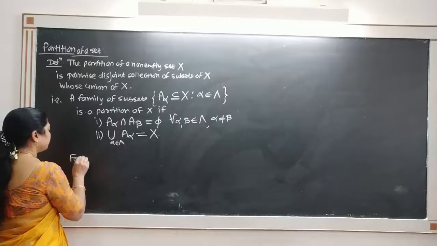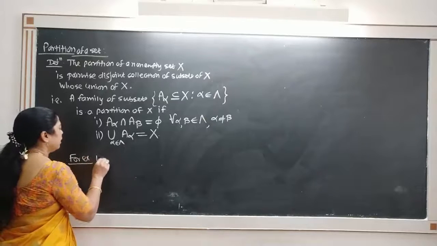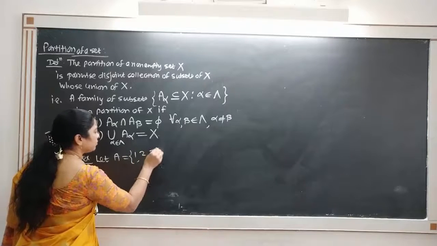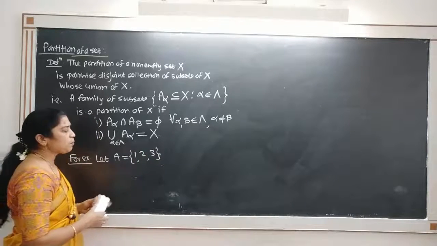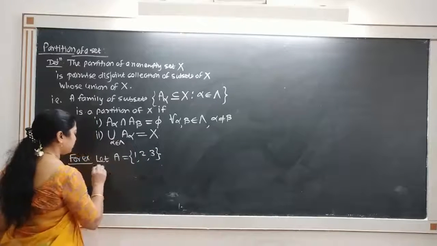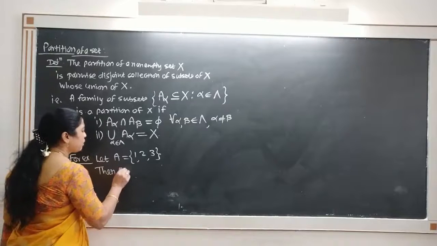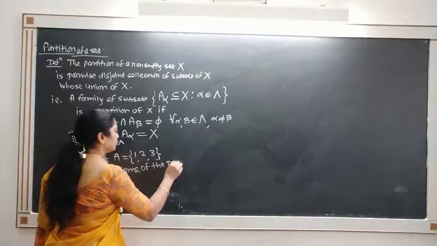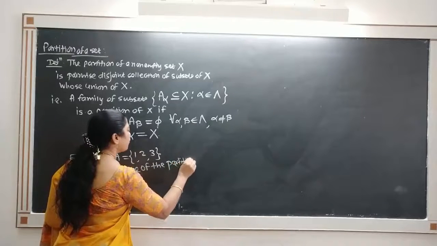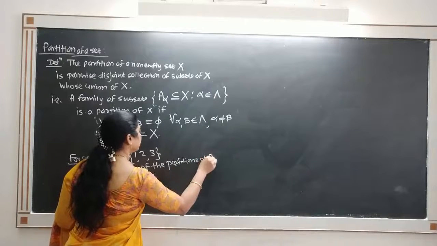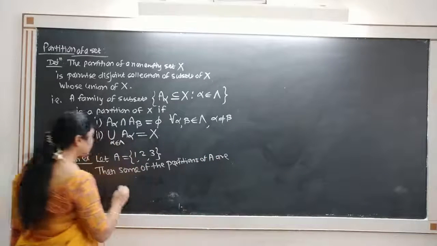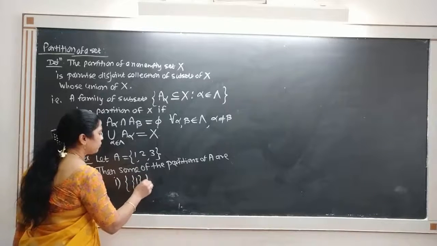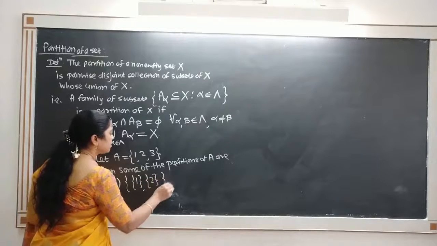For example, let the set A be equal to {1, 2, 3}. Then which are the partitions of A? Some of the partitions of A are, the first partition, I will say singleton 1, singleton 2 and singleton 3.